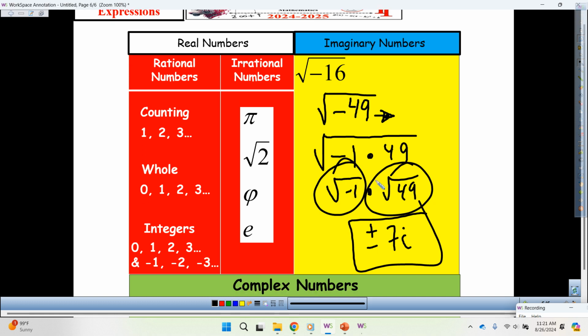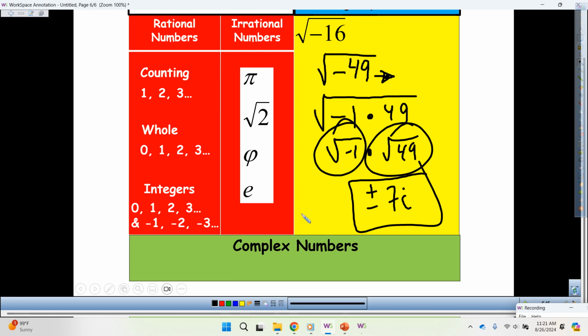So far so good? All right, lastly, I want you to write me a complex number. When you write it, tell your neighbor what a complex number is. What is a complex number?